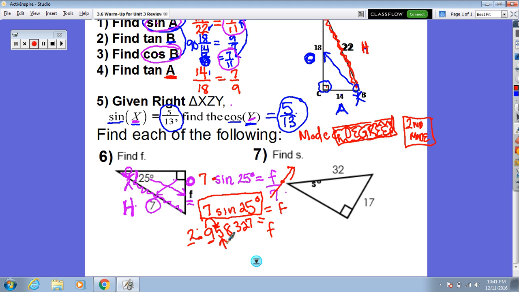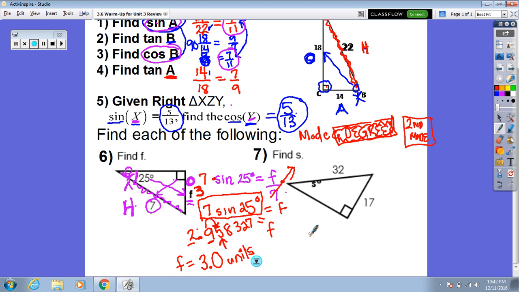This number is a 5, so that means this has to go up 1, so we actually end up getting a whole number. So we could say 3 or just 3.0, and we'll say units, because they didn't tell me whether this is measured in feet, miles, inches, or centimeters. Okay, so F equals 3 units, and that would be the measurement of F right here.